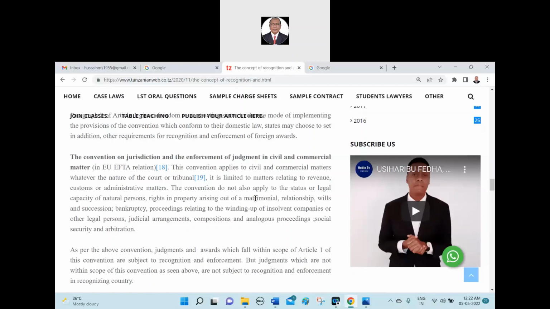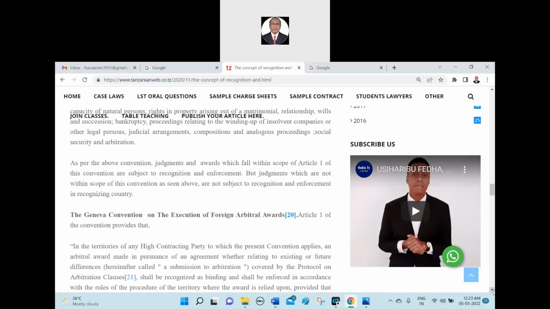Rights in property will not come because those are property disputes. Matrimonial relations will not come because they are different matters, not commercial matters. Wills are not commercial matters. Succession will not come because it comes in a different aspect. Insolvency and winding up of insolvent companies are also not covered. Only contractual matters and money suits are entertained in the European Union Convention. In the exam also you have to write the same thing.